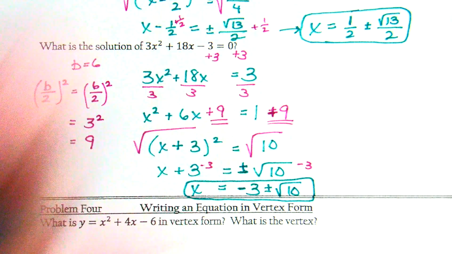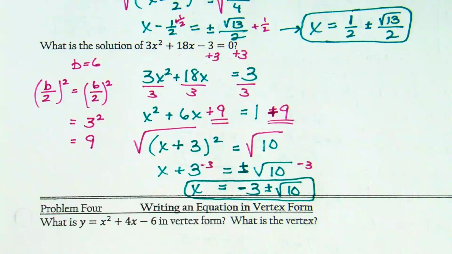Okay, you got that? That's our third example there. I put the square root first. Do you have the plus or minus in front of the square root? No. The plus or minus has to go in front of the square root because it's plus or minus square root of 10. Awkwardly, you could say plus or minus square root of 10 minus 3.